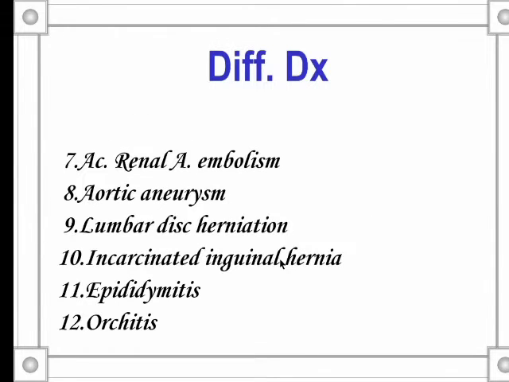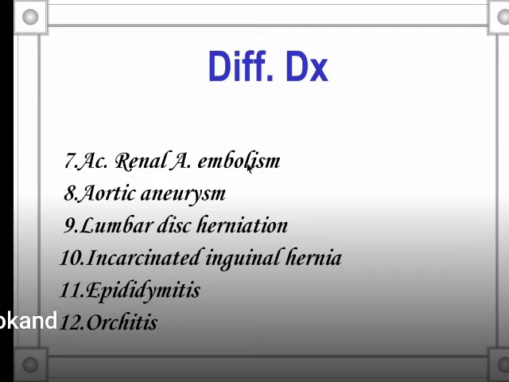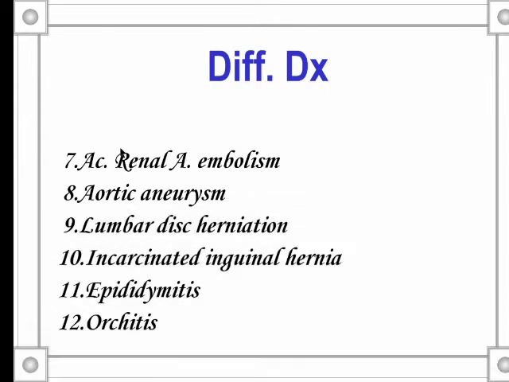Then there are other conditions which may cause acute abdomen: acute renal artery embolism causing obstruction and ischemia of the kidney can cause pain. Dissecting aortic aneurysm, aortic dissection, can have catastrophic pain and the patient may go into shock.